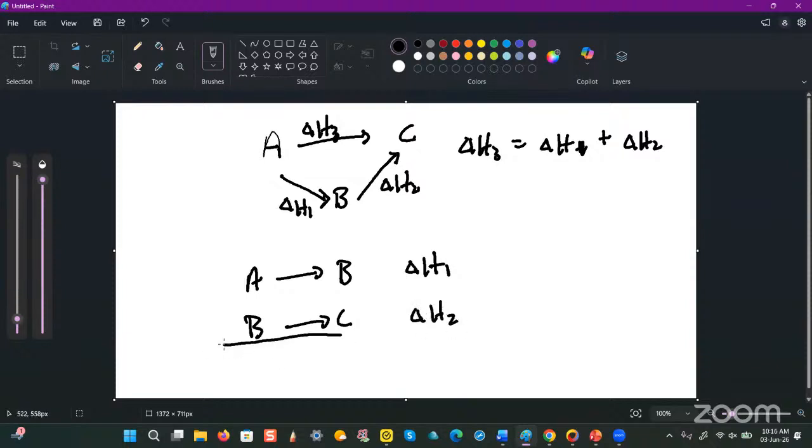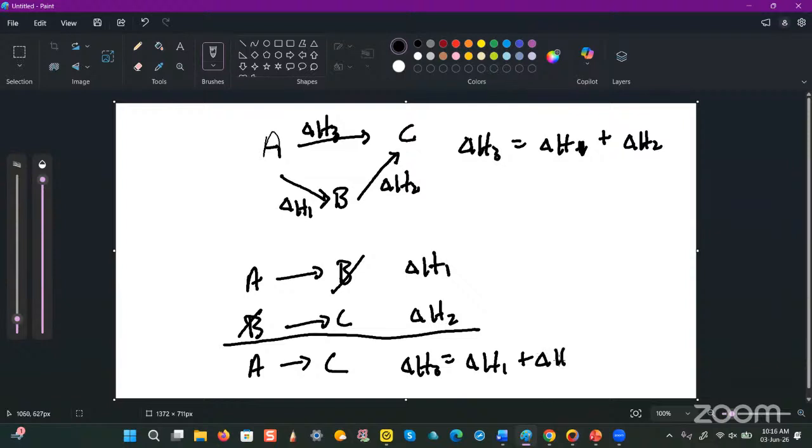You know from previous experience, when we talked about net ionic equations, that if you're adding two or more equations together, you cancel out common items on both sides, which in this case would be the B. If you cancel out the B's, you end up with A going to C, which is equal to delta H3. To get the value of delta H3, we add these two, so delta H1 plus delta H2, just like we did up here. These are just two different approaches to see the relationships between the different enthalpy values.